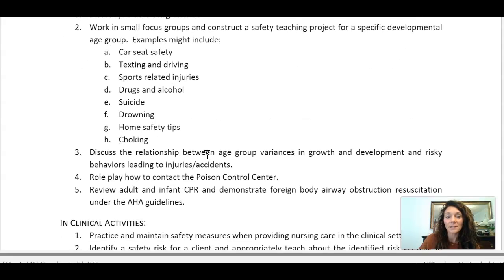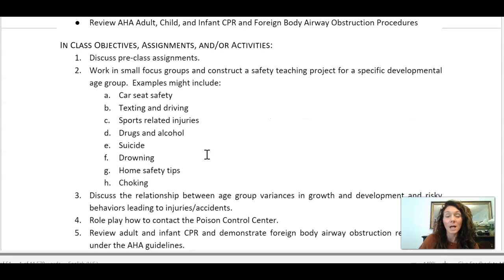All right, in-class objectives and assignments and/or activities. So these are learning activities that possibly we will do in class, with half of you being at home and half of you being in class. I very seriously doubt that we are going to be able to do a lot of these, and the majority of this class is going to probably end up being lecture style, just because of the circumstances that we're in.